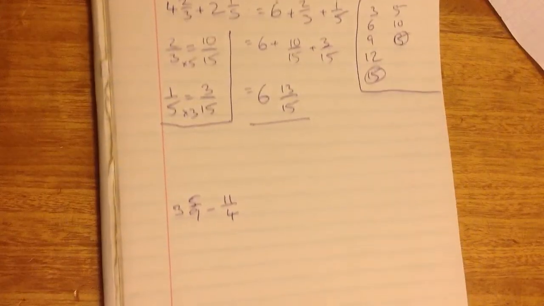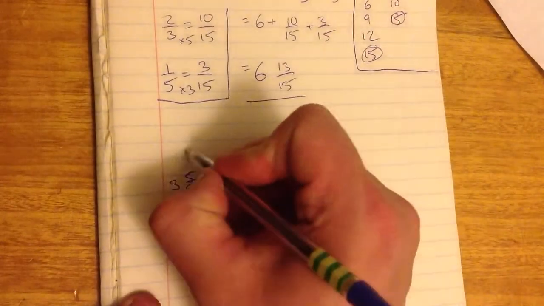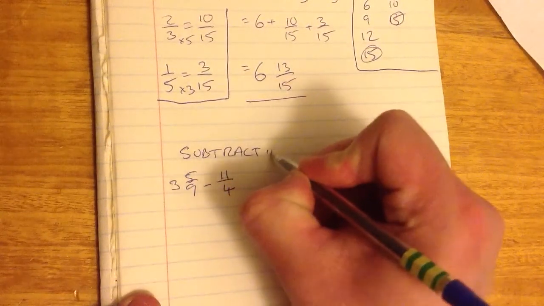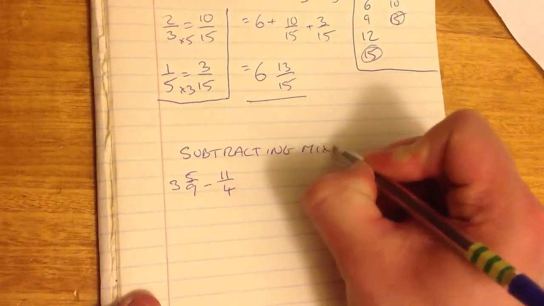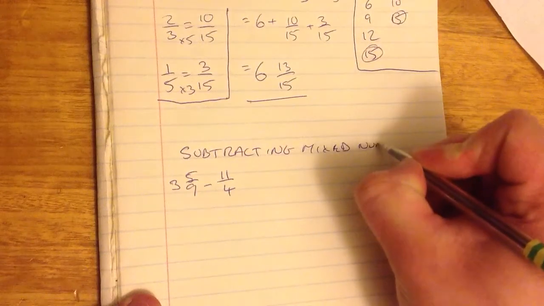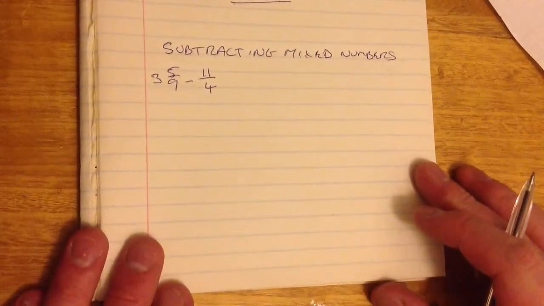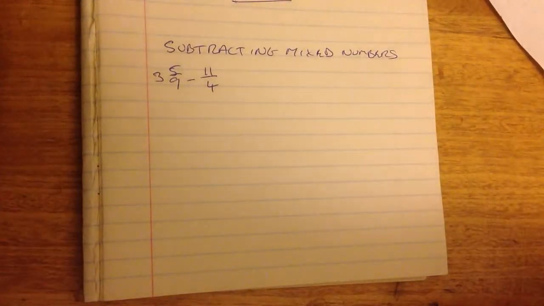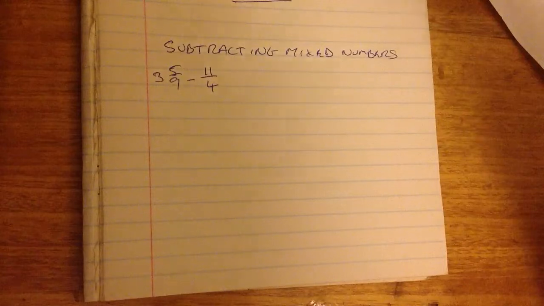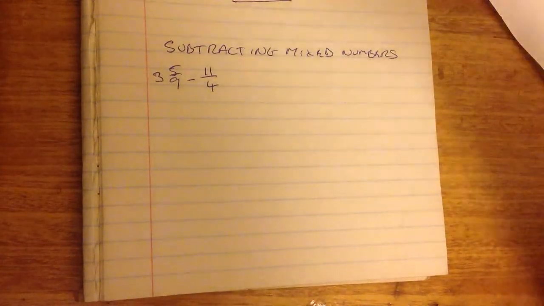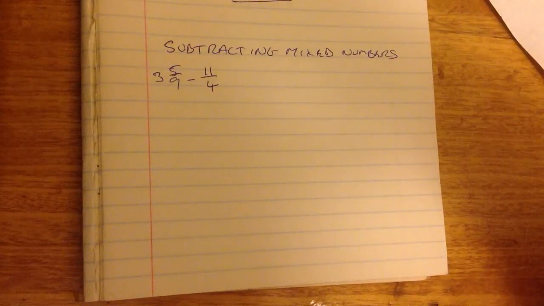Okay, now we've looked at adding mixed numbers. I'm just going to talk to you about some of the pitfalls of subtracting mixed numbers. Okay, so we've got 3 and 5/9 take away 11/4. Adding questions could be phrased with a mixed number and an improper fraction, or you could even have subtracting questions where you've got a mixed number and an improper fraction.